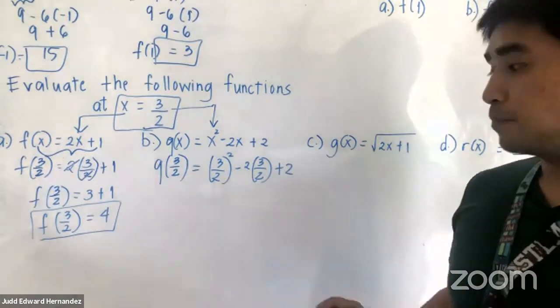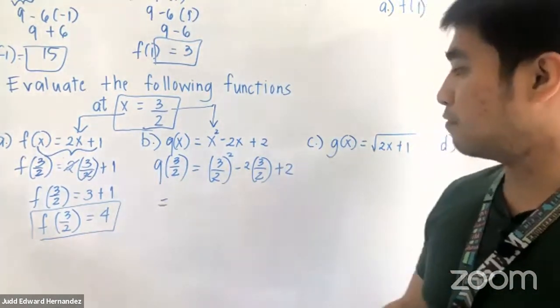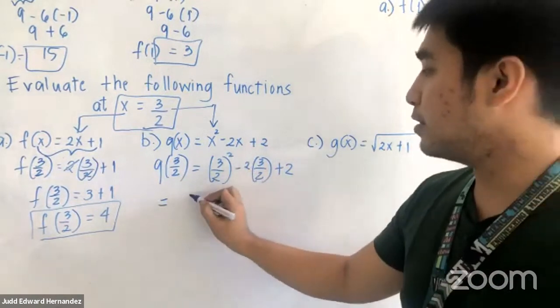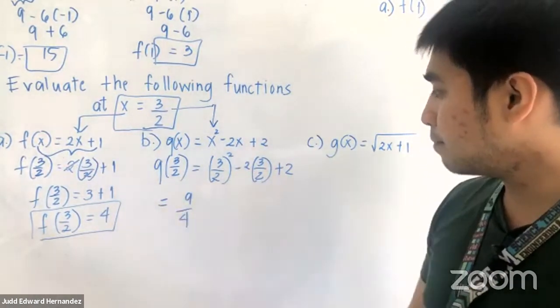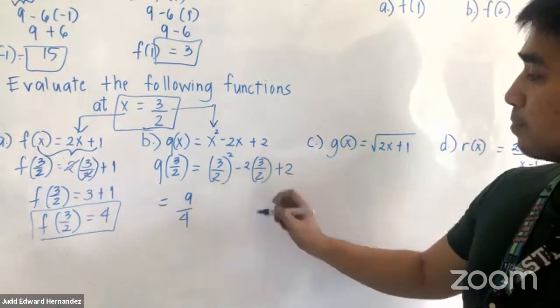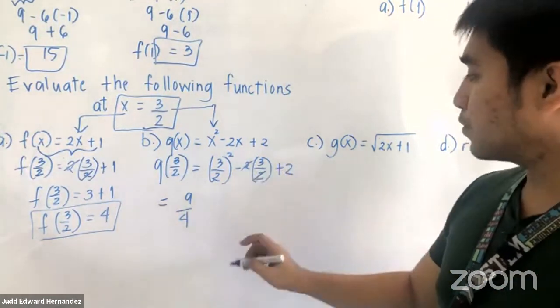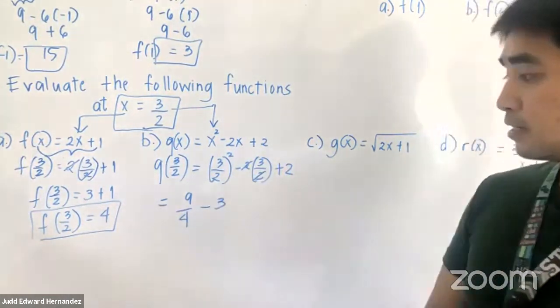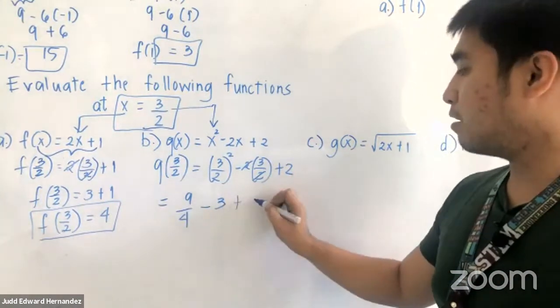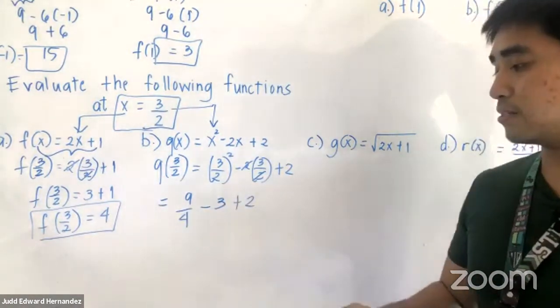In this case, we need to simplify. 3 over 2 squared is just 9 over 4. Negative 2 times 3 over 2, we cancel out 2, therefore that becomes minus 3. And we'll have plus 2 for the last term.